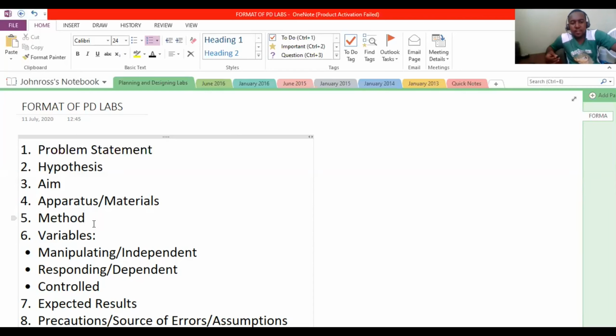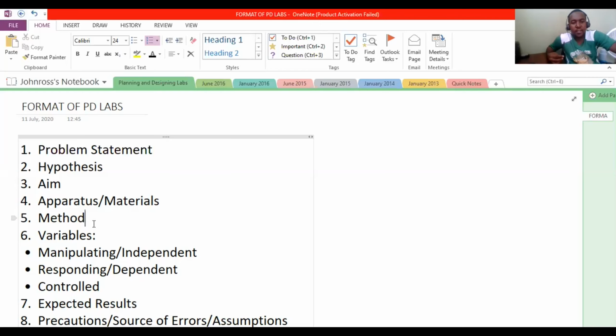Your manipulating is also known as your independent variable because these are the things that you're changing when you're doing your experiment. And then your responding variable is dependent on what you change; what would you expect to happen? So your responding is basically what you are going to observe. And then your control variables, there is normally never just one variable present.